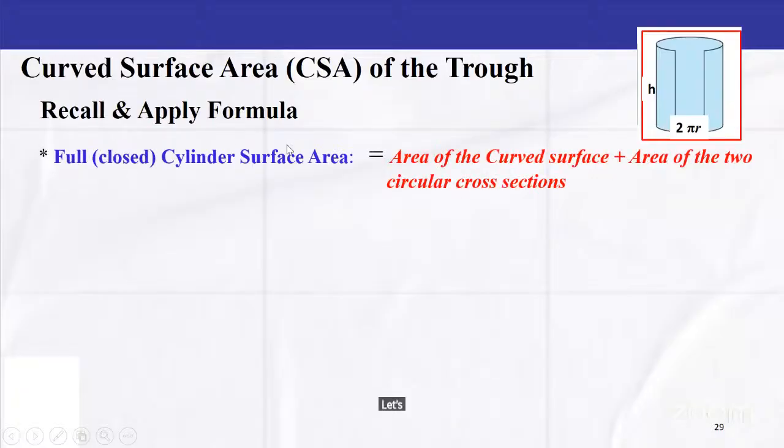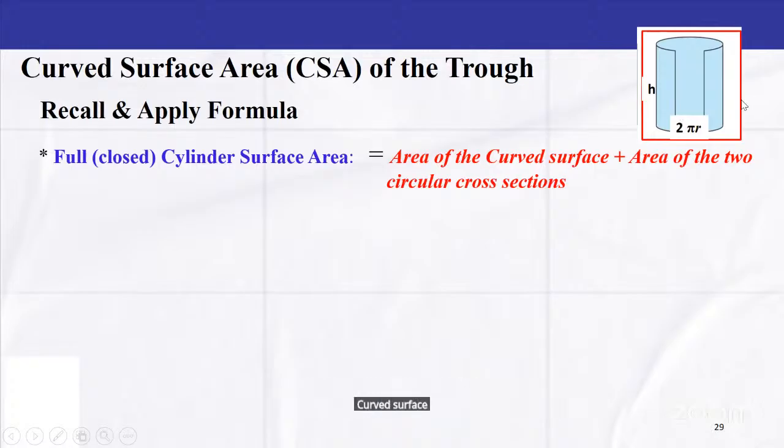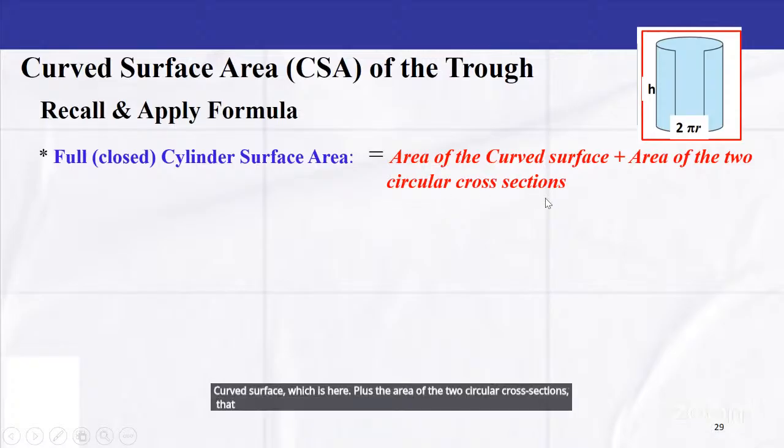Let's apply the formula. For the full closed cylinder, the surface area will be the area of the curved surface, which is here, plus the area of the two circular cross sections, that would be the top and the bottom.